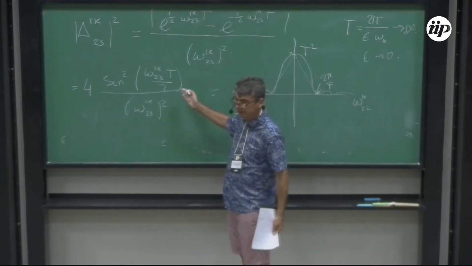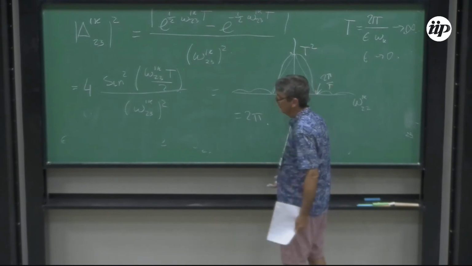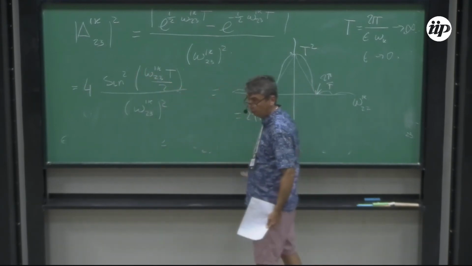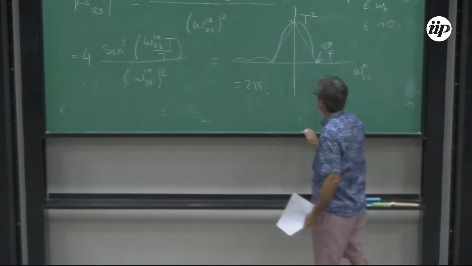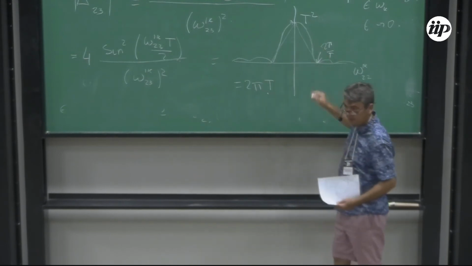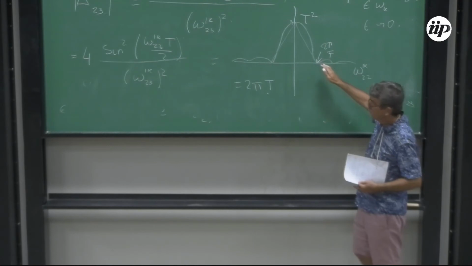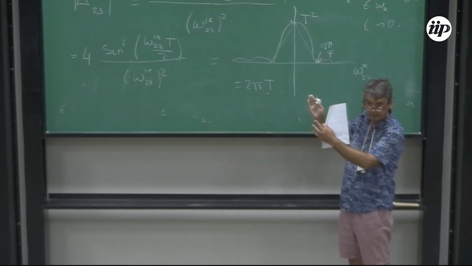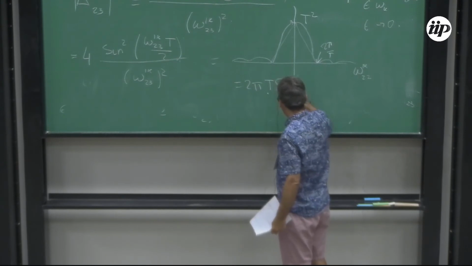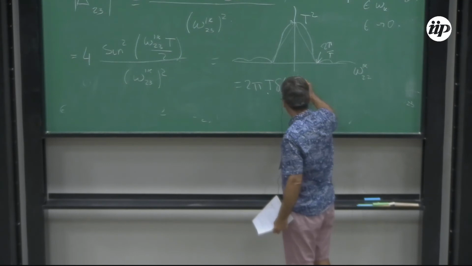In fact, it is a table integral to show that the integral of that with respect to omega is 2 pi. But what you also see is that we are getting 2 pi times t. And when t grows, it gets more and more peaked. So this means that the function tends to a delta function.